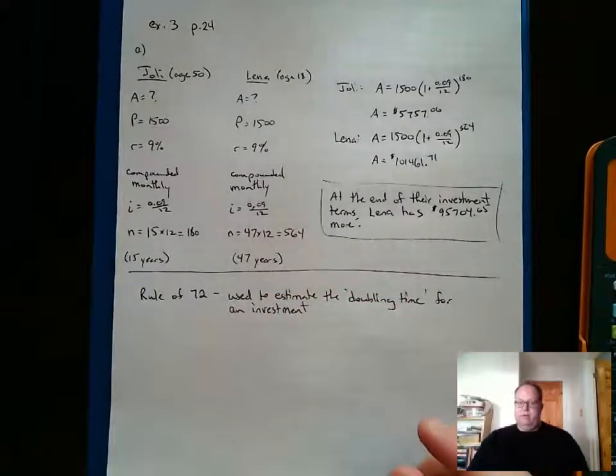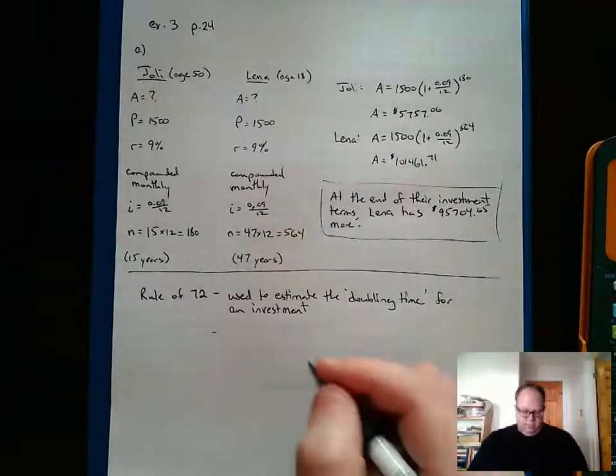And doubling time is, of course, just how long it takes for the investment amount to double, for the future value to be double what the principal was. And it is fairly straightforward.